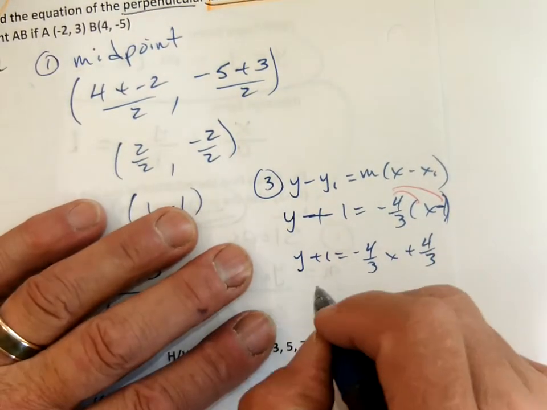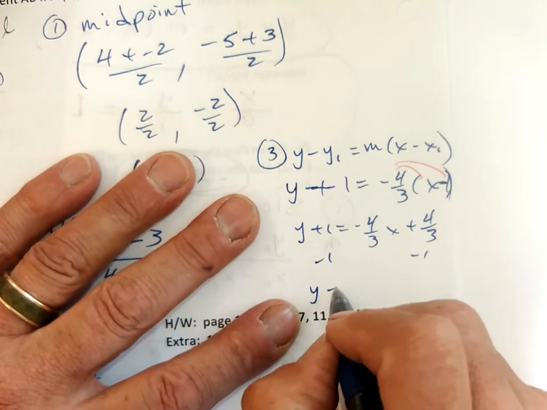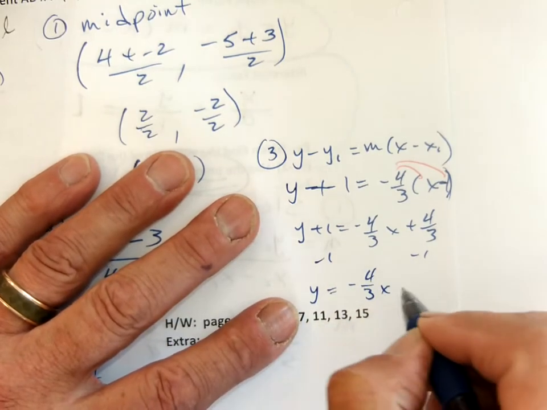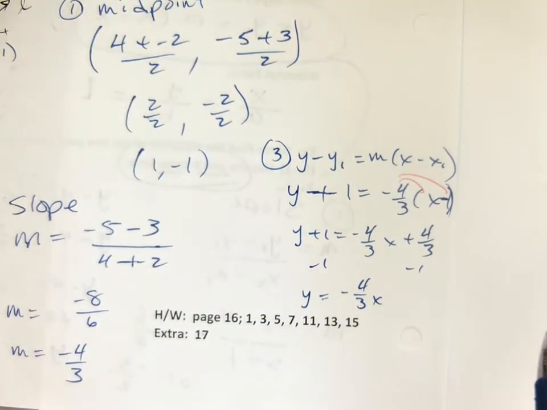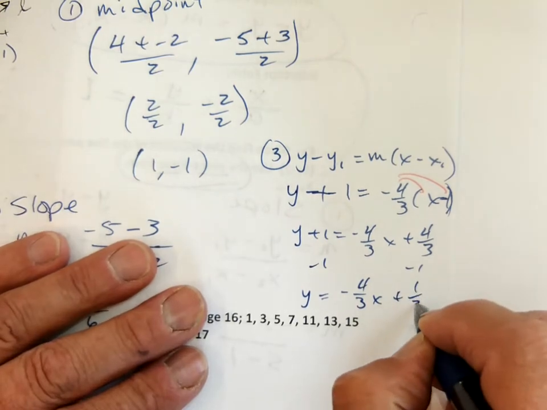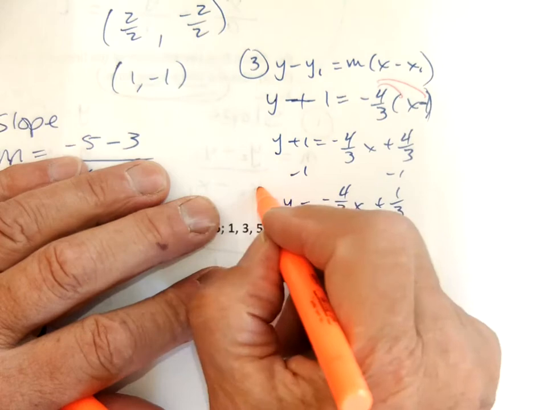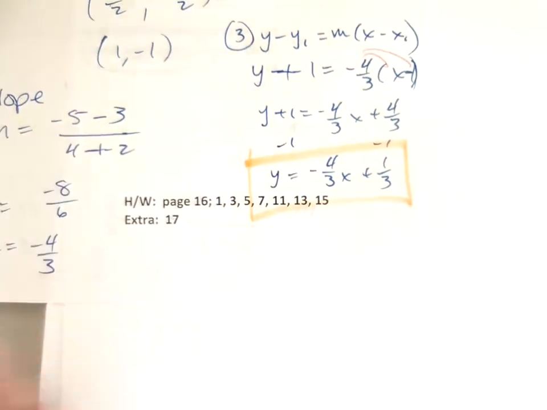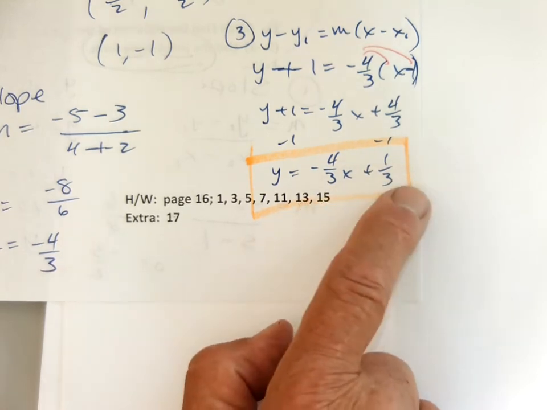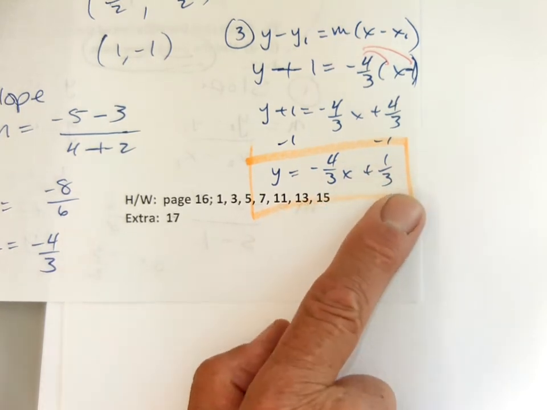I will go minus 1, I'll get y equals a negative 4/3 x plus 1/3. Okay, now, looking at this answer, I am pretty darn glad I didn't try and graph it. You guys agree? I mean, I could have gotten the slope, but I'm not going to be able to get that 1/3 by graphing it.